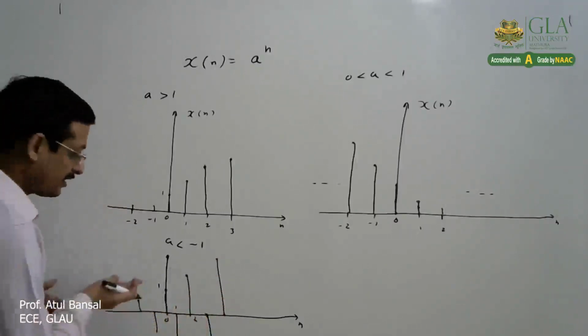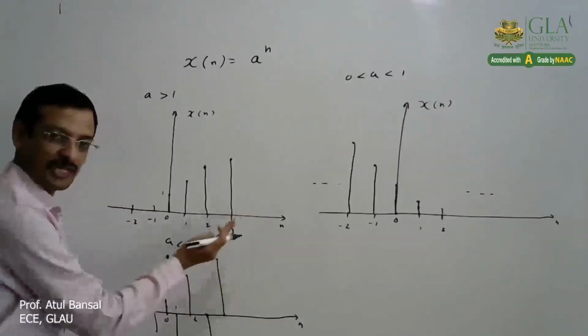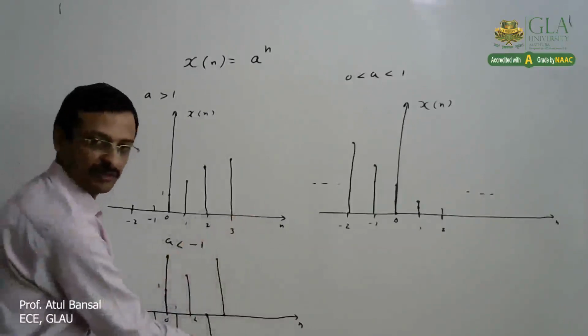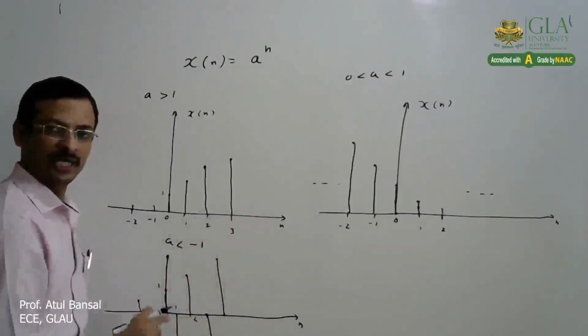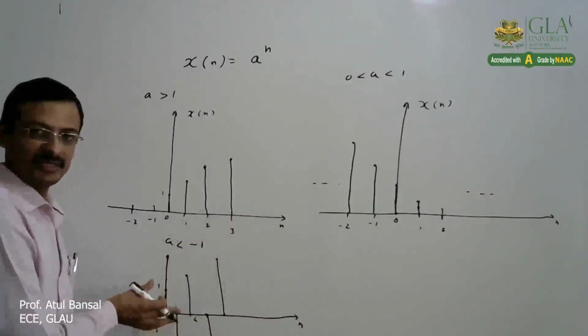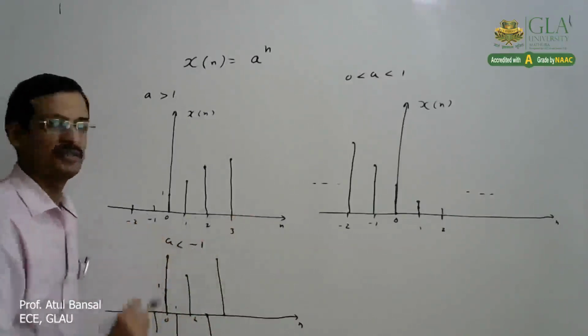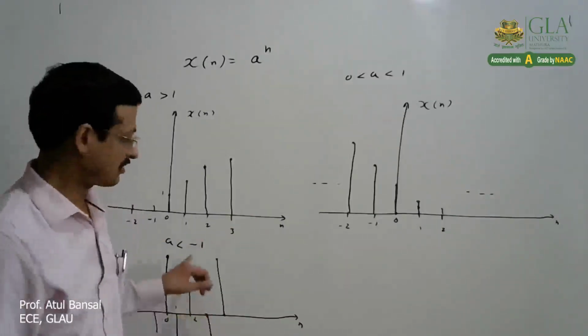So if you look at this, on the positive side it is exponentially growing, and on the negative side also it is exponentially growing. The only thing is that the magnitude is alternately positive and negative when a is less than -1.